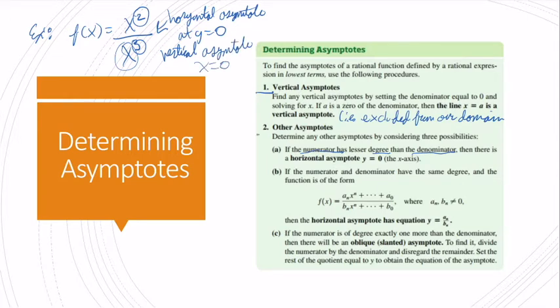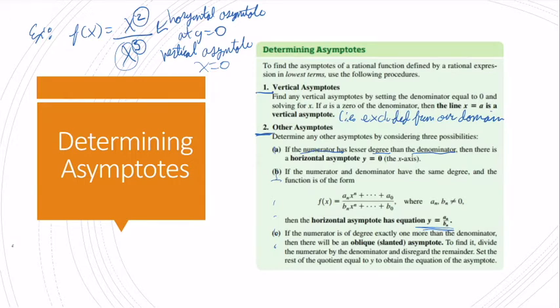Note, for these asymptotes, you can't have all three. You have one or the other, not all three. So, if a numerator and a denominator have the same degree, and the function is of the form f of x equals a_n x to the n over b_n x to the n, there's a horizontal asymptote at a_n over b_n.